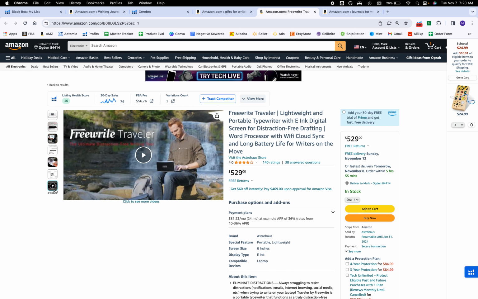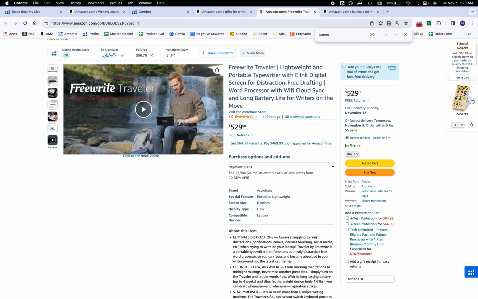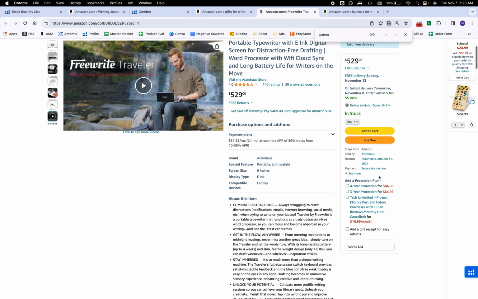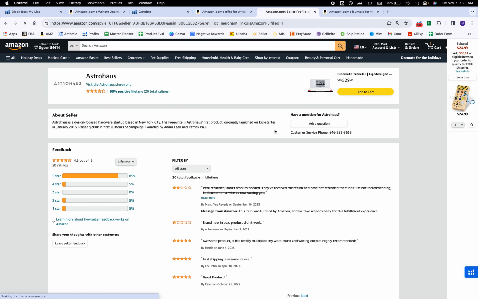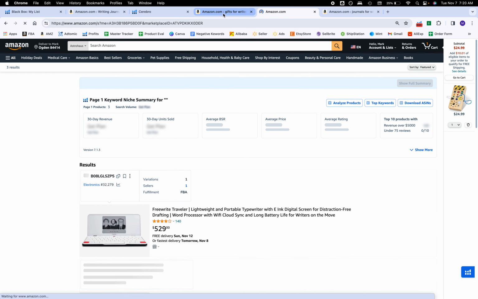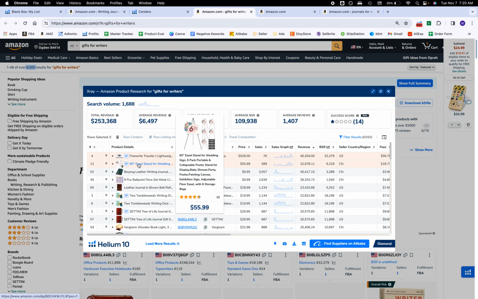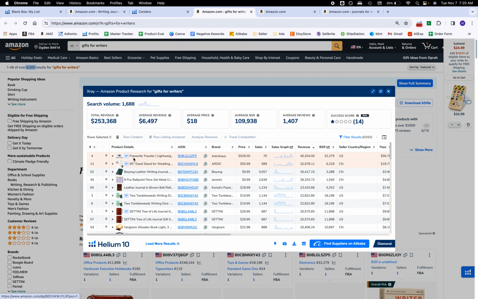Bet you this is patented, but this is kind of cool. $500. Free write traveler. I mean, I'm going on a tangent. Again, you just go on these. Anyway, that's kind of interesting. I thought that was kind of cool.